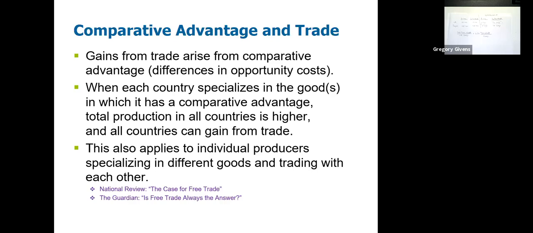So I'm definitely not arguing that free trade benefits everyone all the time.